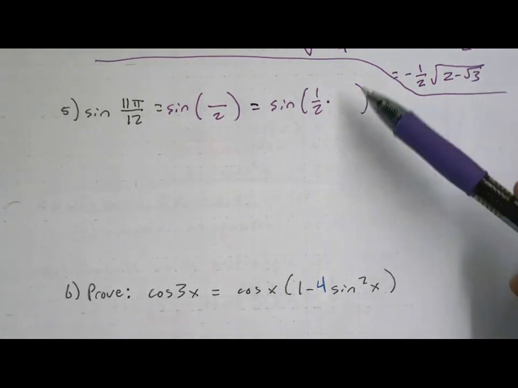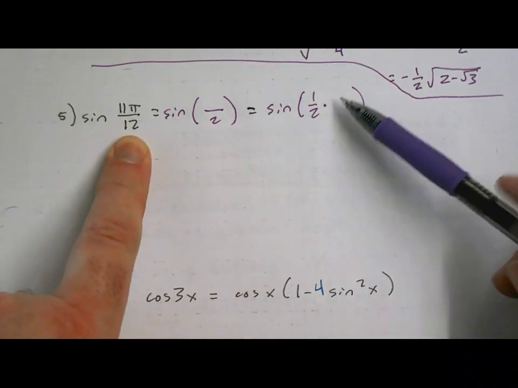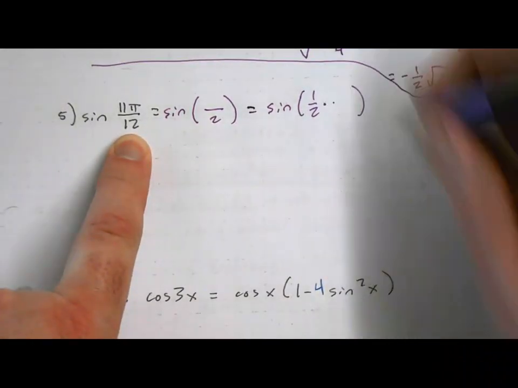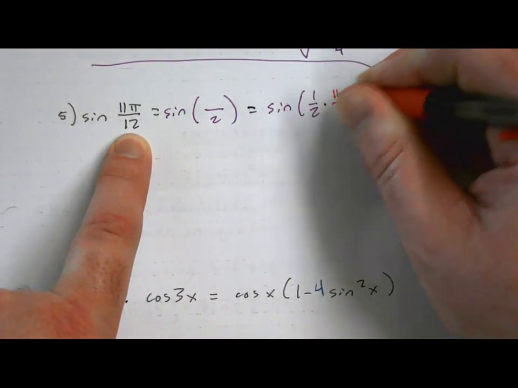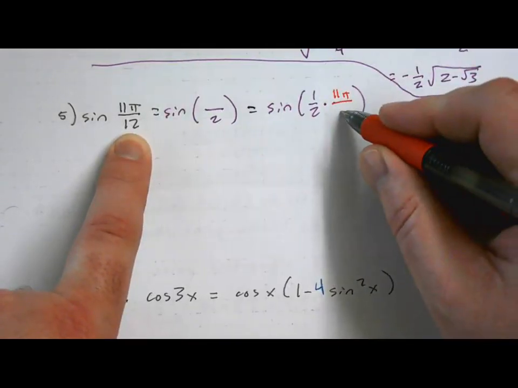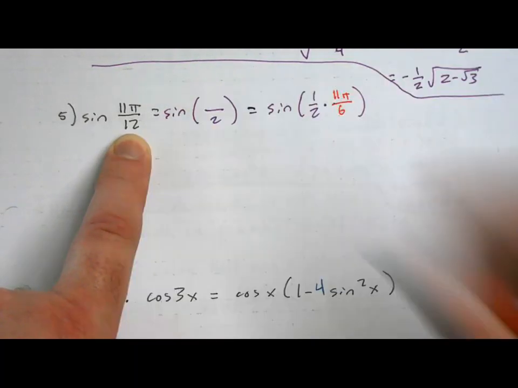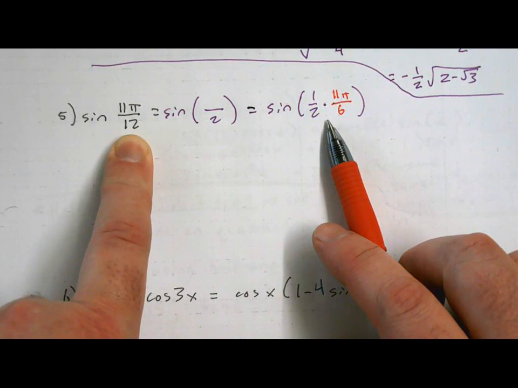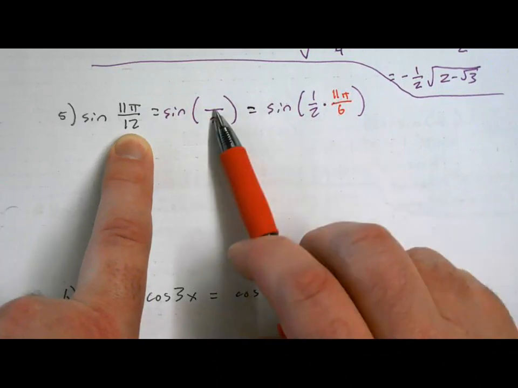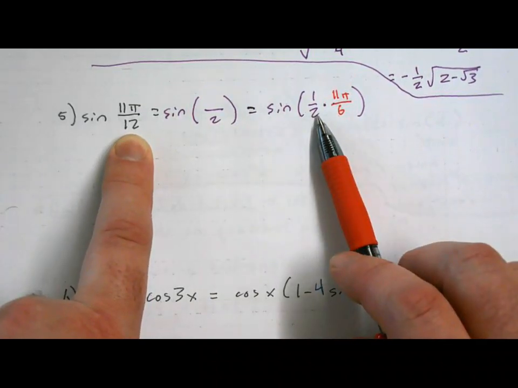So I'm trying to get 11 pi over 12. What am I going to have in this spot here? 11 pi times 1 is 11 pi, and then you want to put a 6 down there? 2 times 6 is 12. Yeah, those are the same, aren't they? So we're in radians and we're dealing with fractions. Usually instead of trying to write it over 2, I'll write it as a half times something.